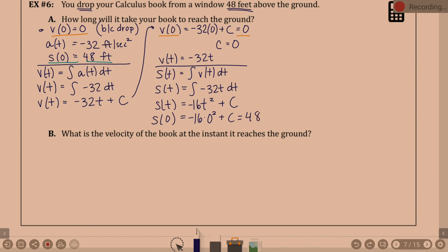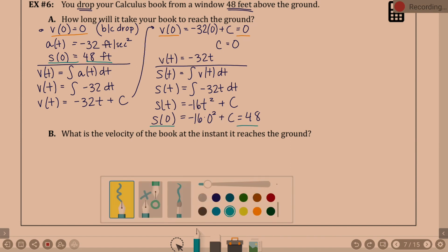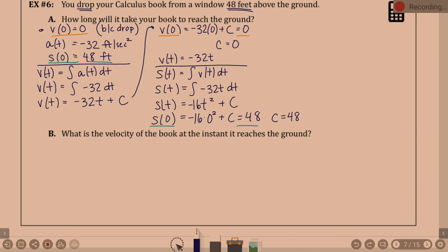S of 0 equals 48. You do the magic and C is 48, isn't it? So now we can write our position function. S of t is negative 16t squared plus 48.